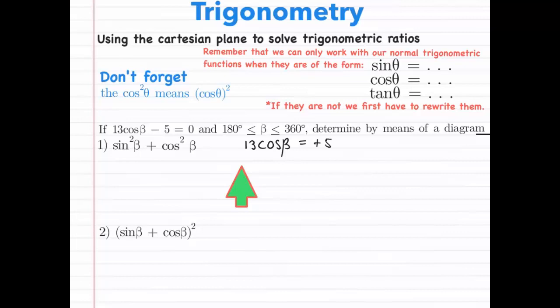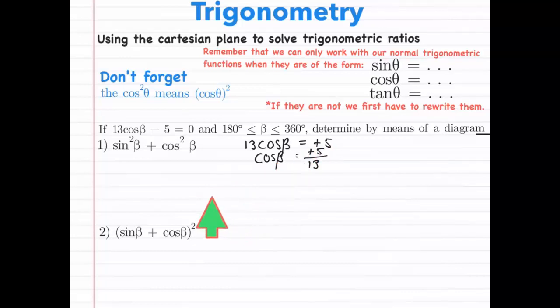Got it? Okay, still not done, because I don't only have the cosine of beta. We want it to look just like that. So we have to move that 13. So the cosine of beta is equal to a positive 5 divided by 13. Okay, so there we go. So basically, the cosine of beta is a positive ratio, right?